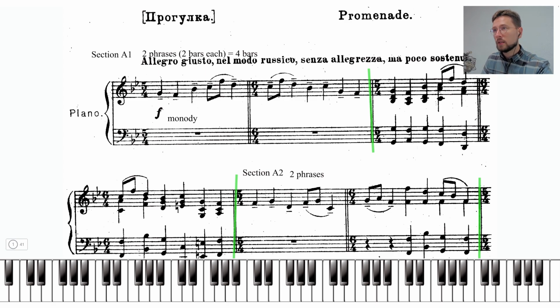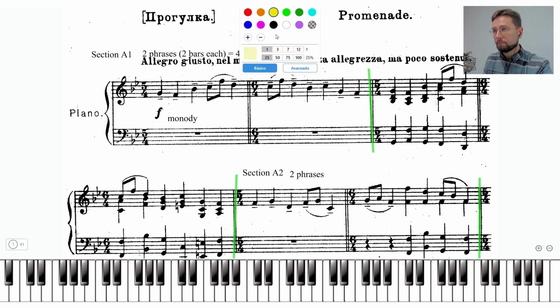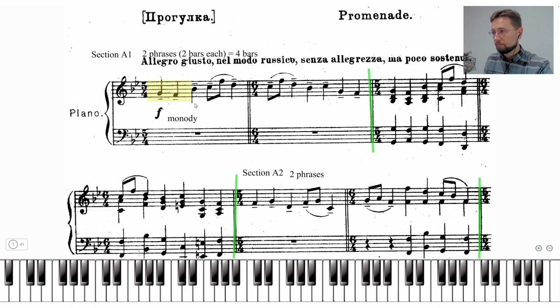It's not complete, but it has sort of a mirror structure in which we have an opening idea that's descending second in a fourth.